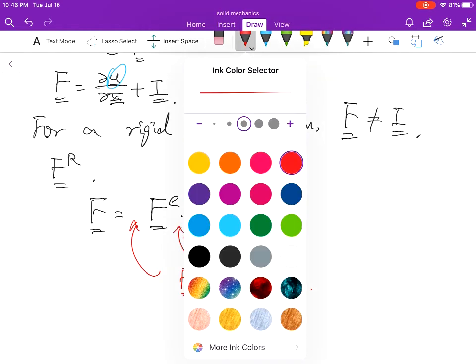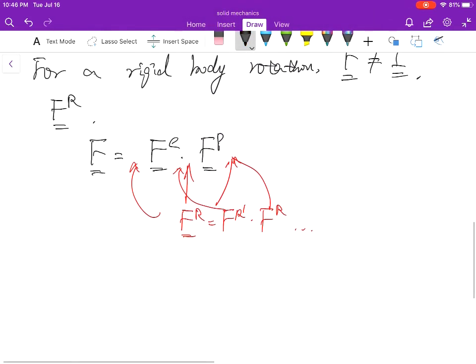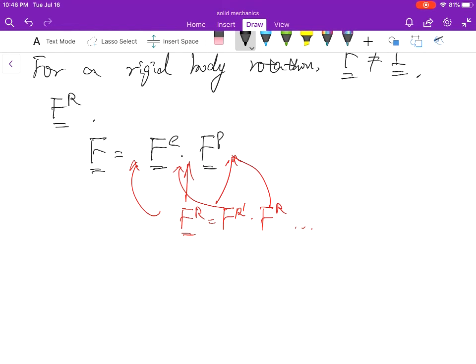Basically what I'm saying is that this multiplicative decomposition is not unique, and we have infinite numbers of possible combinations of this deformation process.